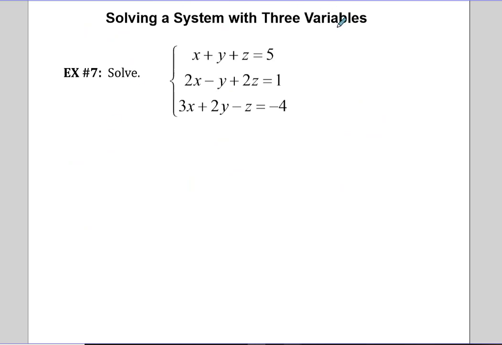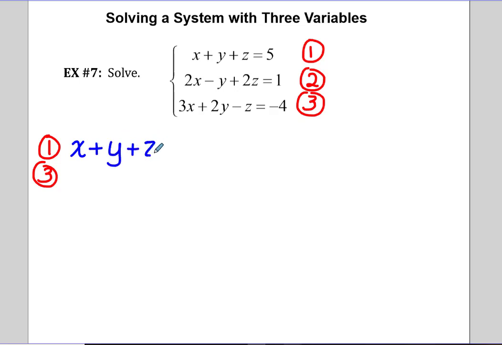Okay, it's getting a little harder now. We got 3 equations and 3 unknowns. So we got 1, 2, 3. And first I'm going to take equation 1 and equation 3, and we'll add those together, because I looked down this column and I noticed that we had opposites on equation 1 and equation 3.